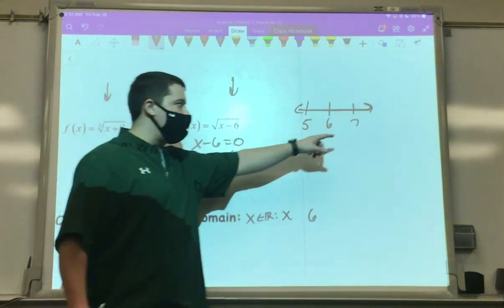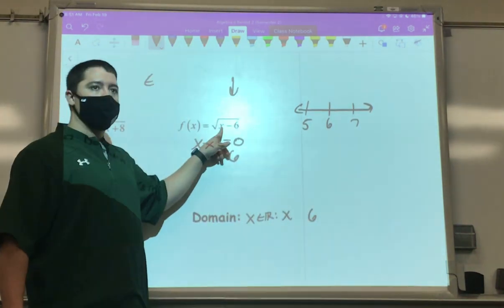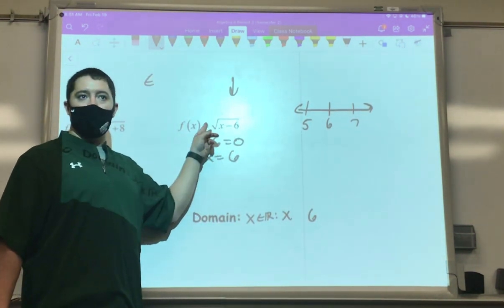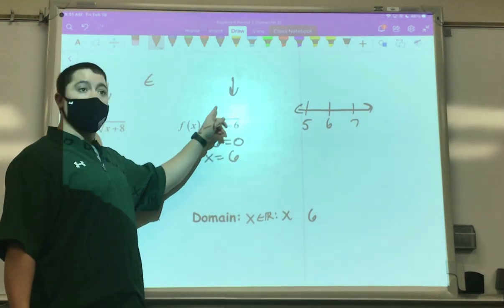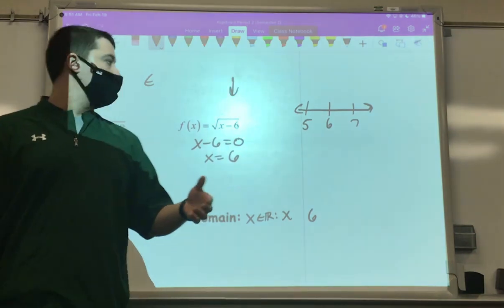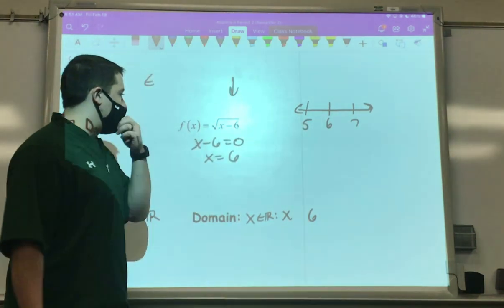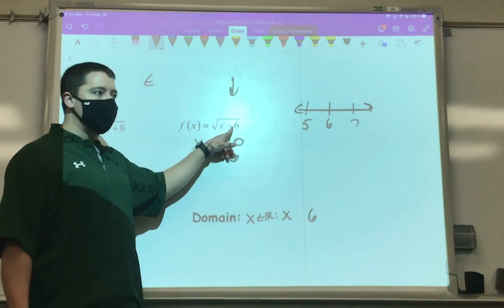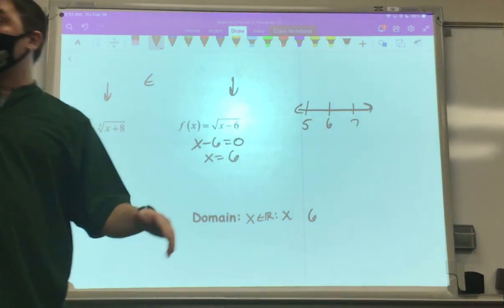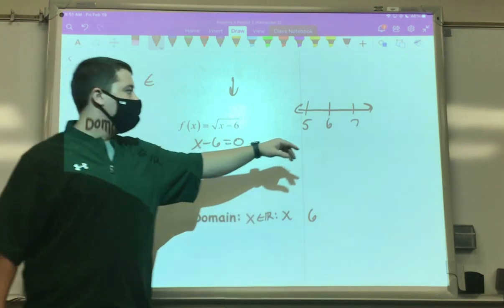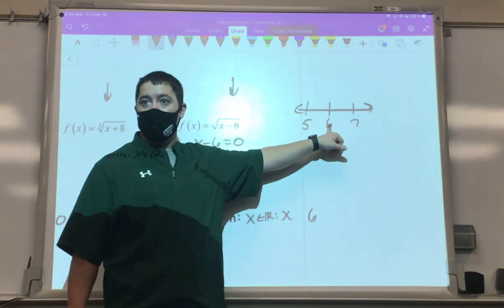Now if I plug 7 in, 7 minus 6 square root of 1, can I do that? Yeah. 8 minus 6 square root of 2, does that work? Okay, if I plug that value to the left then, 5 minus 6, negative 1, square root of negative 1, does that work? No. So everything to the right of 6 and including 6 works, correct?